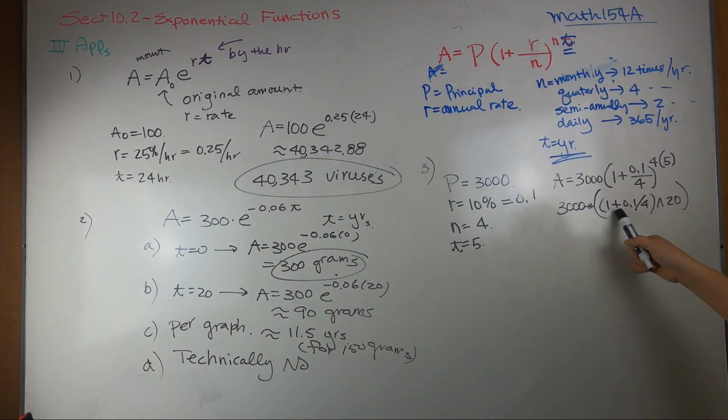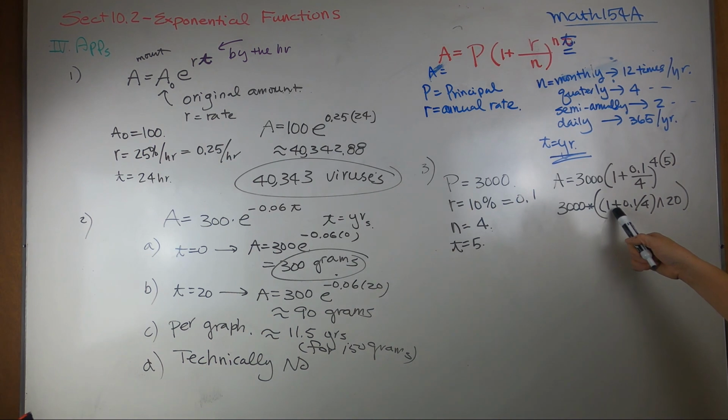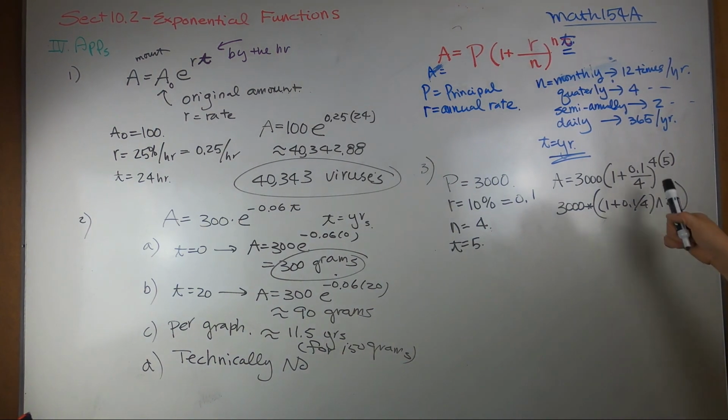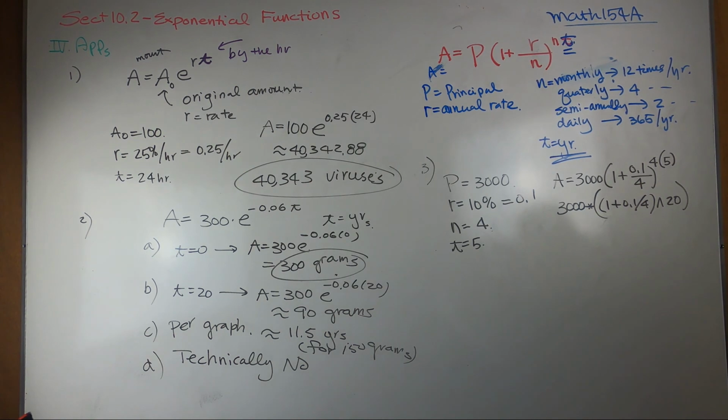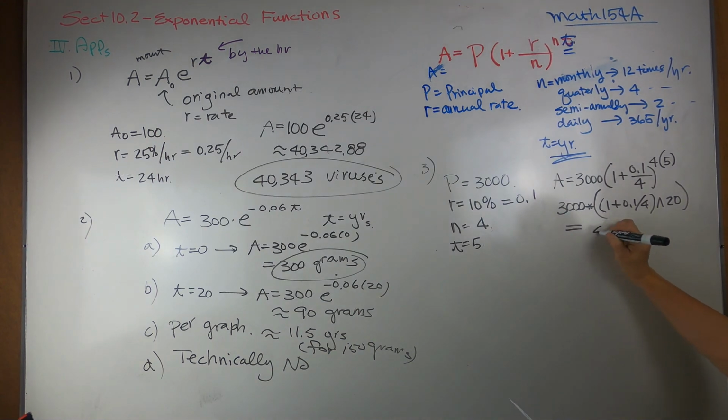Do 0.1 divided by 4, hit enter, plus 1, hit enter, take the 20th power, hit enter again, then times 3,000. Use all the decimals, then round at the end.